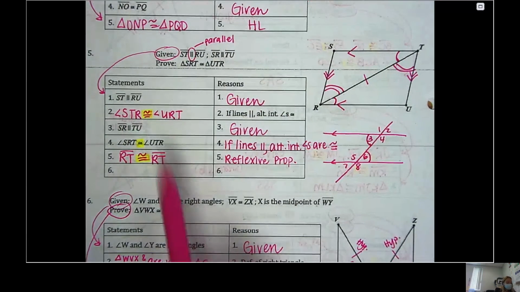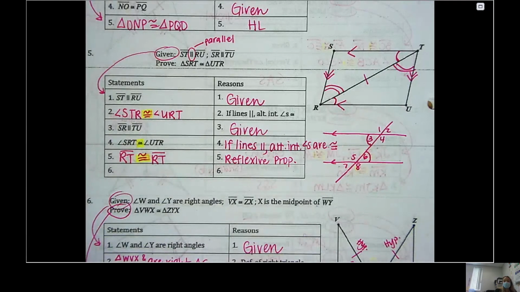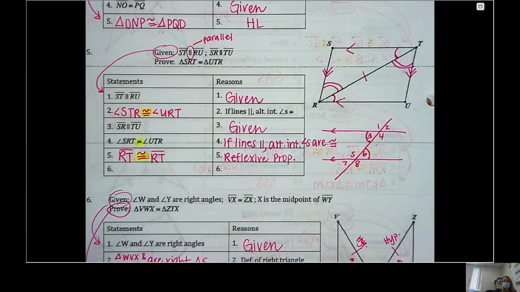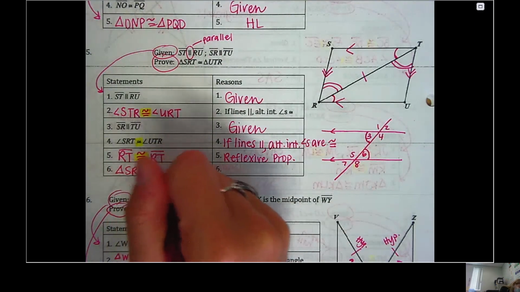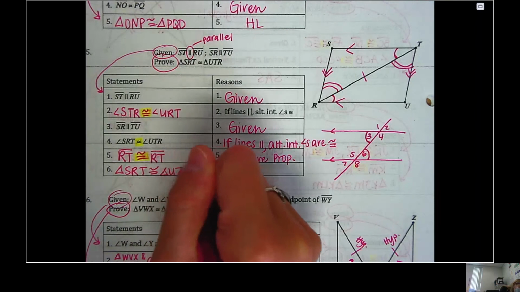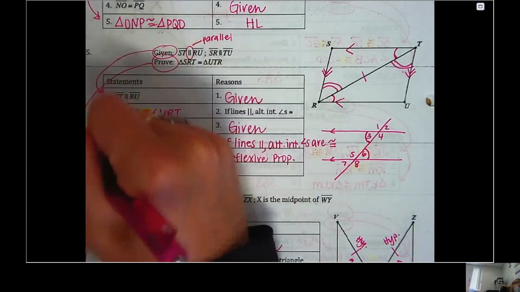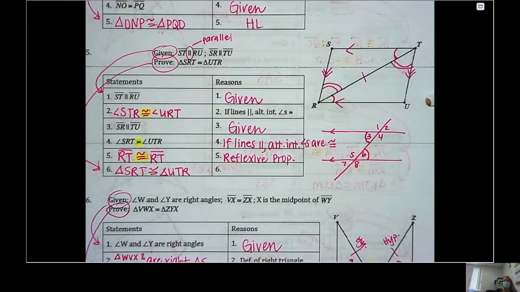Okay, now I've got my 3 congruent symbols marked. What is my final step? The prove. Triangle SRT is congruent to triangle UTR. And the final thing is I have to determine which theorem it is. Which one is it? Is it side, side, side?